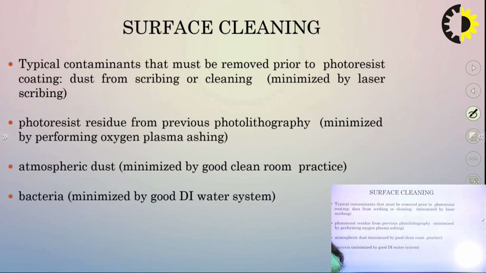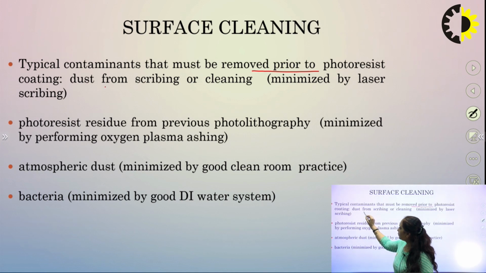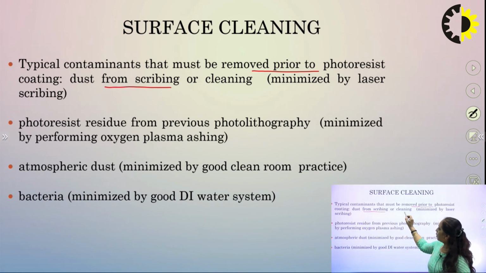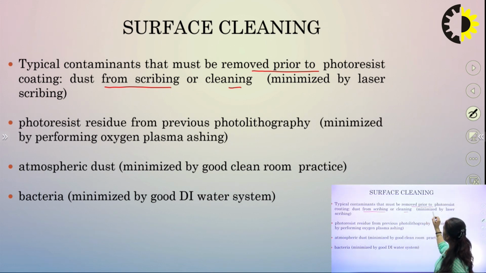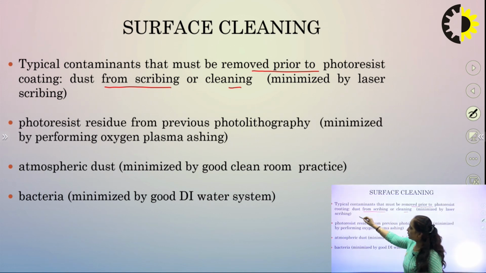So before starting the photolithography process or any process, we need to clean the surface. Okay, the typical contamination that must be removed prior to the photoresist coating process: it can be dust from scrubbing or cleaning, which is minimized by laser scrubbing.